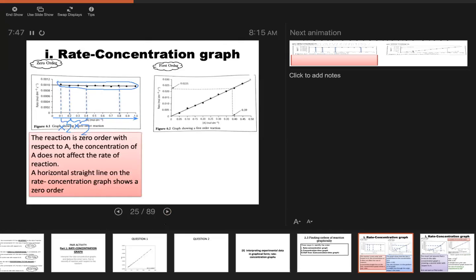So the reaction is zero order with respect to A. The concentration of A does not affect the rate of reaction. So in a rate-concentration graph, you will see a horizontal straight line. Whenever you see a horizontal straight line on a rate-concentration graph, that is the identification for a zero order.